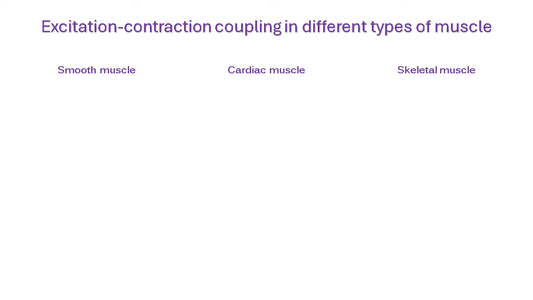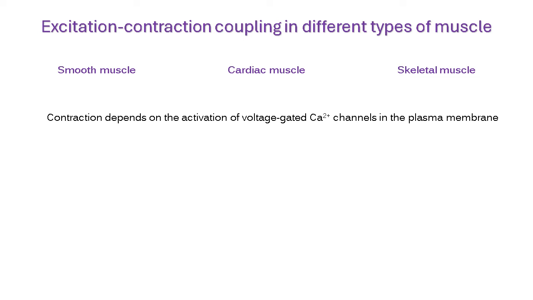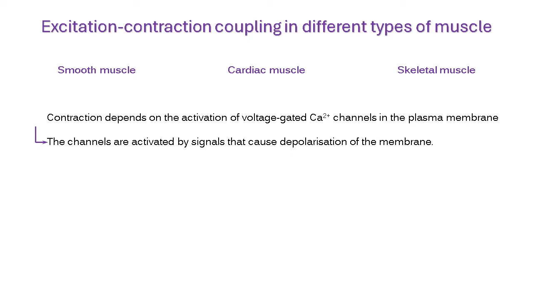There are some commonalities in the mechanisms employed by the three muscle types for excitation-contraction coupling. In each case, contraction depends on the activation of voltage-gated calcium channels in the plasma membrane. These ion channels are activated by signals that cause depolarization of the membrane, although these signals differ among the cells.